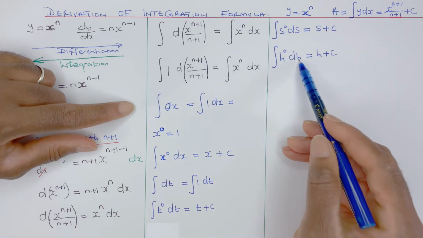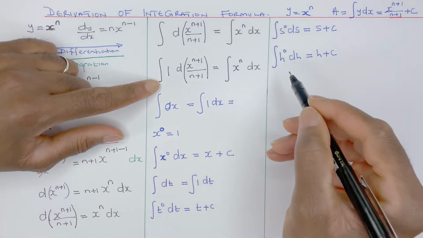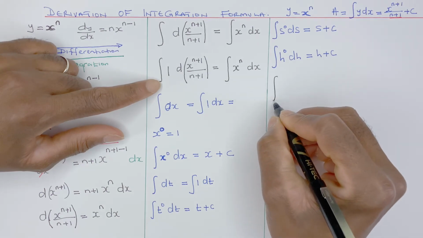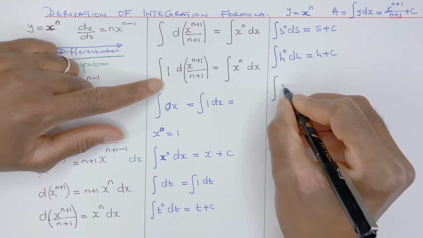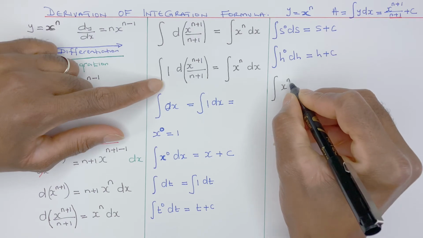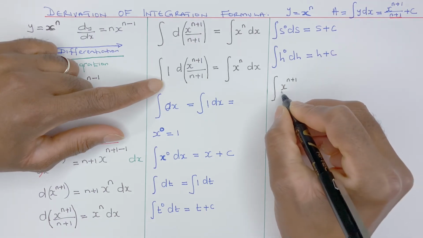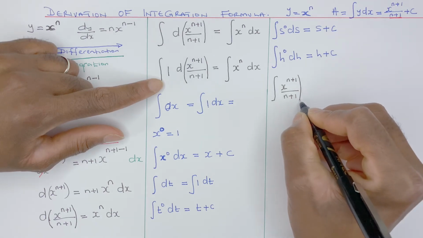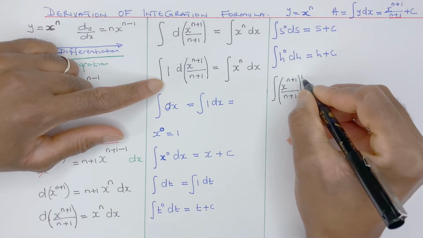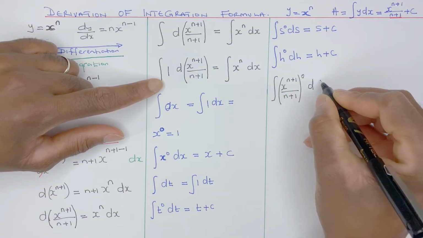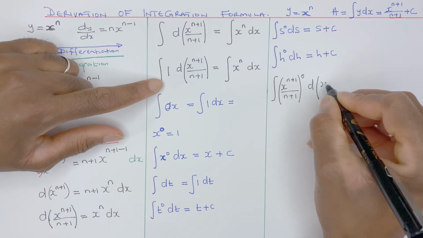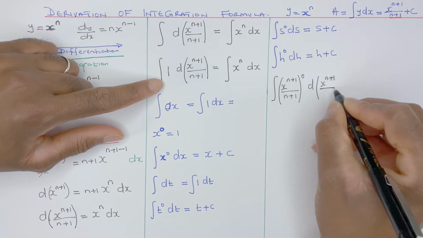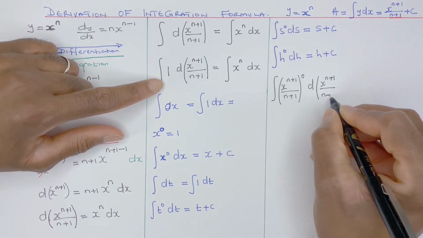That's the h. Therefore, the 1 here, which is h to the power of 0, is the integral of x to the power n plus 1 over n plus 1, all to the power 0.